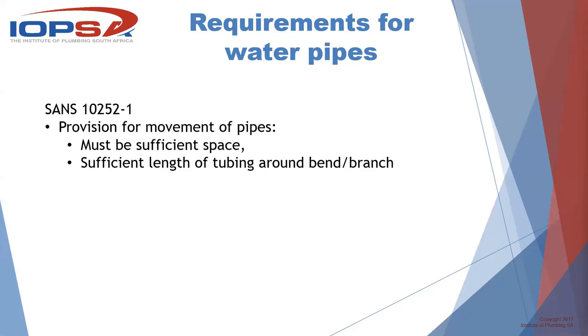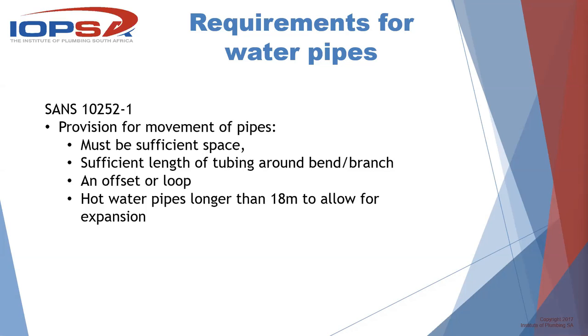This is usually for bigger jobs, for bigger contracts where you've got engineers signing stuff off and you've got main water supplies running long distances. So there's got to be sufficient space for movement of pipes, and sufficient length of tubing around a branch or a bend or whatever the case may be where you are trying to allow for movement. And you have to then allow for an offset or a loop.